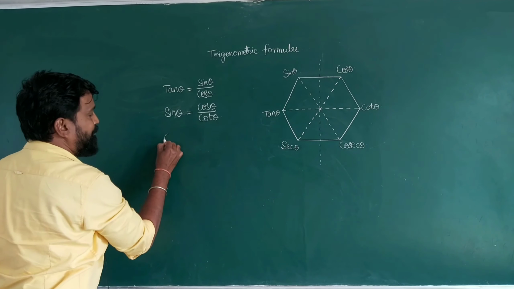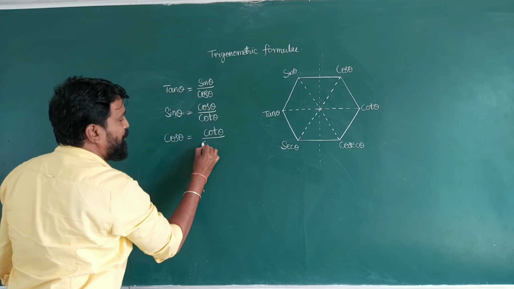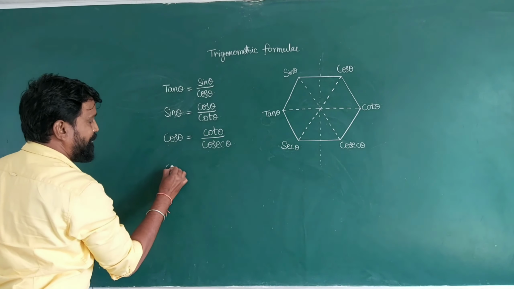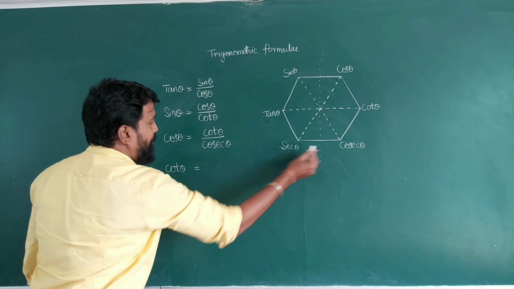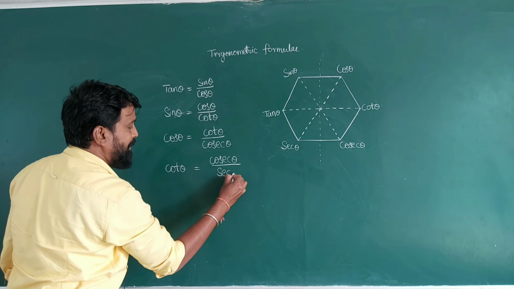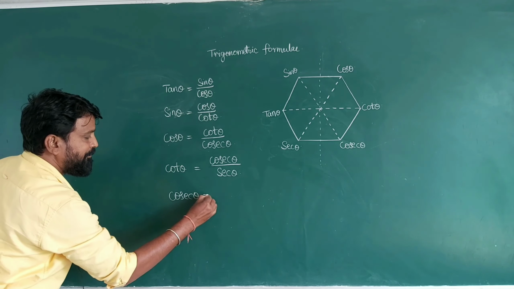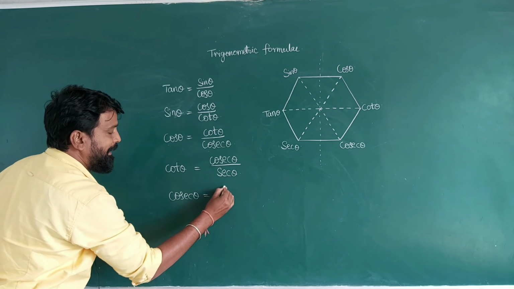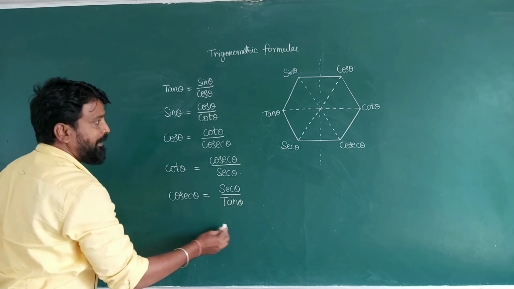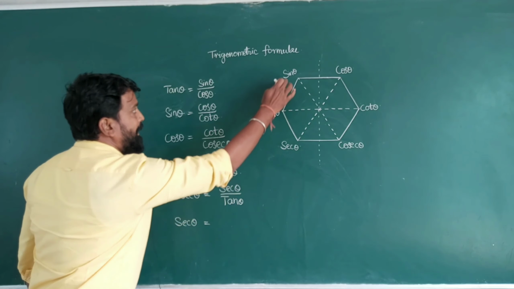Cos theta is equal to cot theta by cosec theta, and cot theta is equal to cosec theta by sec theta. Next, cosec theta is equal to sec theta by tan theta, and sec theta is equal to tan theta by sin theta.